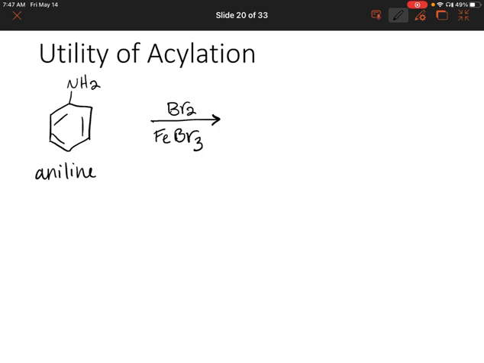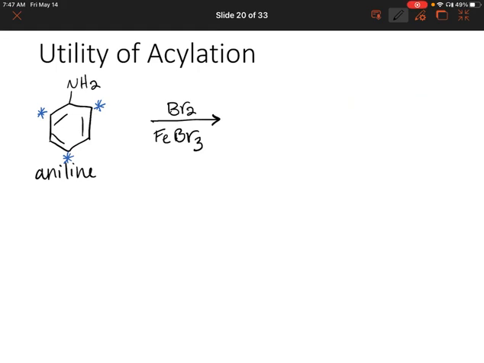So amino groups are electron donating, so they will activate the ring, which means they are ortho-para-directors. So we could potentially add bromine to either the ortho or para positions.